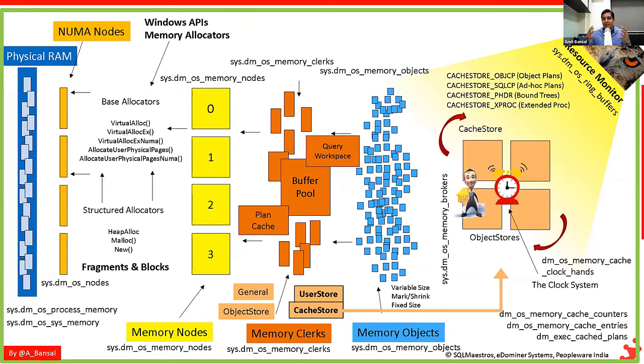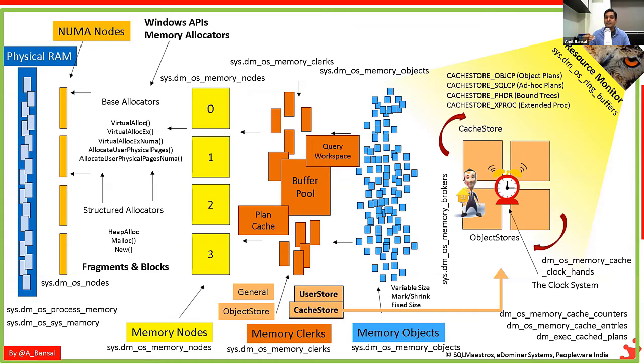Now, when allocations are required by these cache stores, there's another part of SQL Server memory architecture, which is called the brokering system. And the broker, as the name says, does the job of negotiating between these cache stores and between these clerks. It's not like a clerk wants memory, so it asks for, let's say, 20 GB for something, and SQL Server will just allocate it.